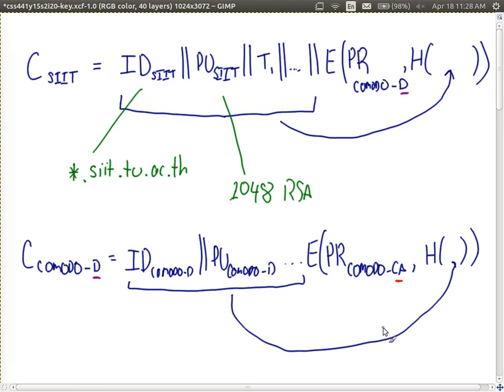The certificate of SIT was issued by Komodo D. To verify that, I need the public key of Komodo D. I have the public key of Komodo D in the certificate of Komodo D. To verify that one, I need the public key of Komodo CA. I have the public key of Komodo CA in a third certificate.